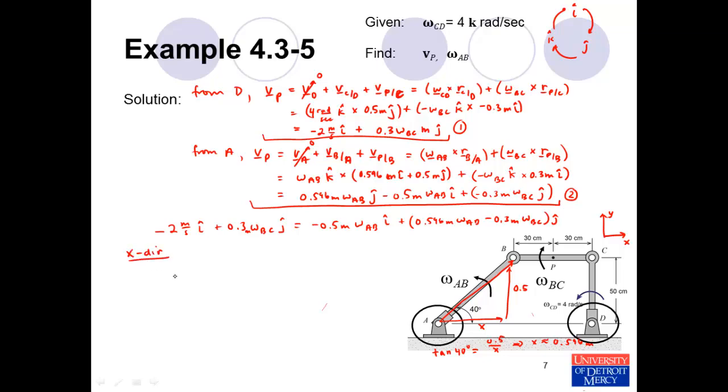So if we look at the x direction all by itself, on the left-hand side we have negative 2 meters per second, and on the right-hand side we have negative 0.5 omega AB. So if we divide through by the negative 0.5, we can solve for omega AB.